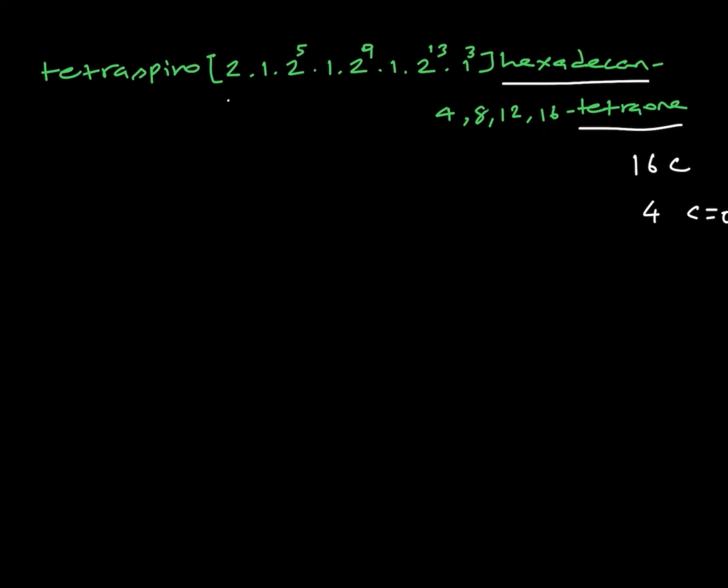As usual, the first 2 means that we have a 3-membered ring. So let's draw the 3-membered ring first. Let's number it 1, 2, 3, and then 1 means that there is 1 carbon between this spirocarbon 3 and the next one. So 4, let's call this 5.